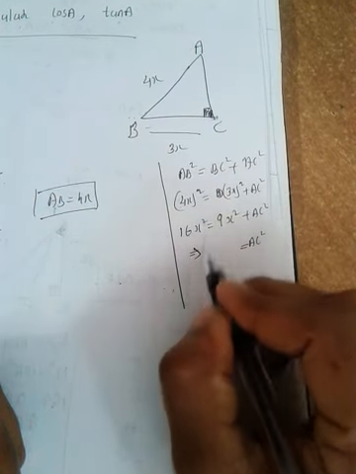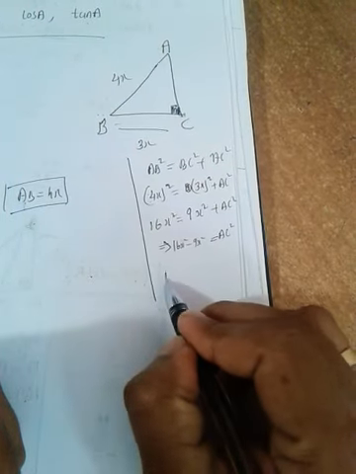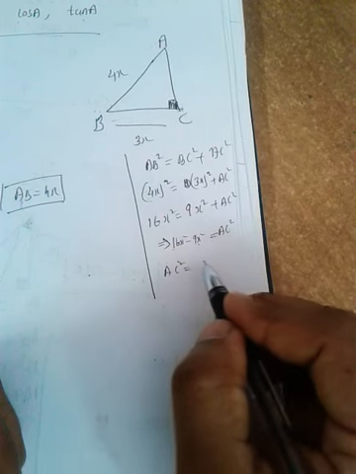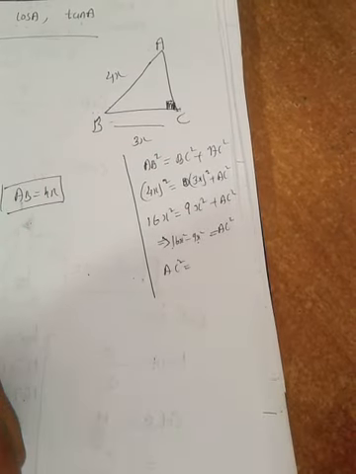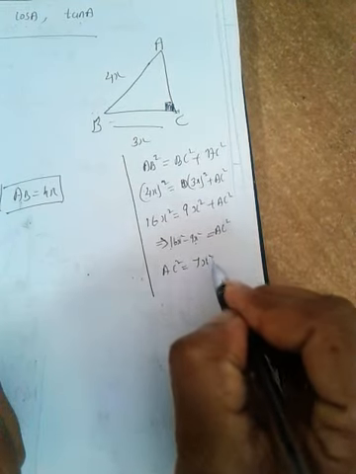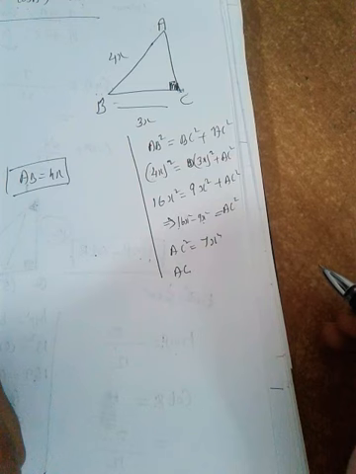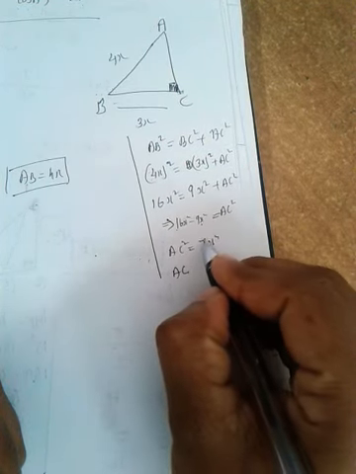Take this 9x square to the left side. It becomes 16x square minus 9x square. So AC square is equal to 16x square minus 9x square. What is 16x square minus 9x square? 7x square, no? So what will be AC?